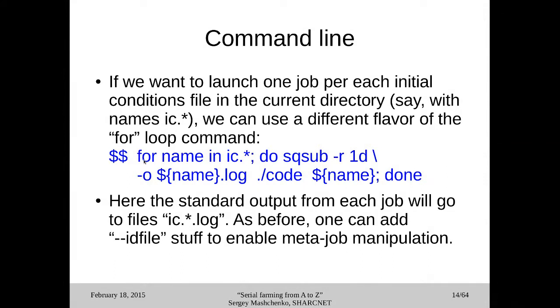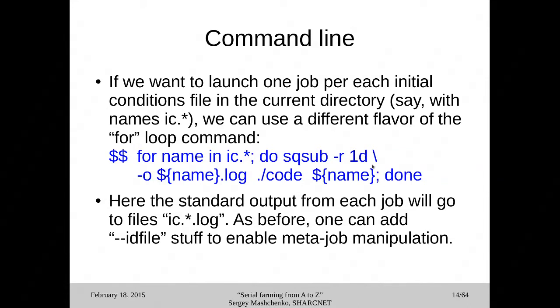So what you do, you say for variable name. In this case, the variable name is name, but it's a variable, in, and then you provide a description of which particular files you want to use. So for example, all your initial condition files are named ic.something. You can refer to them as ic.*.